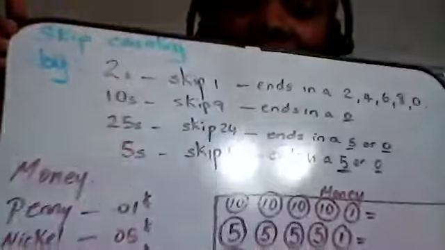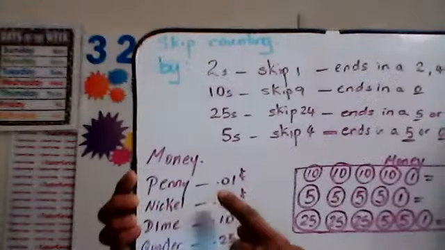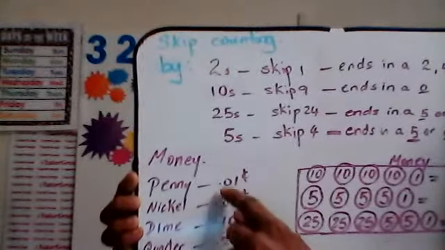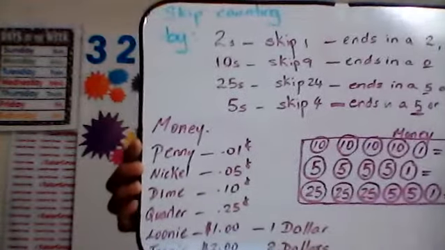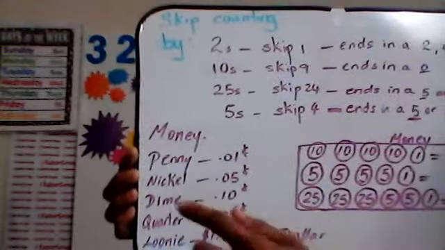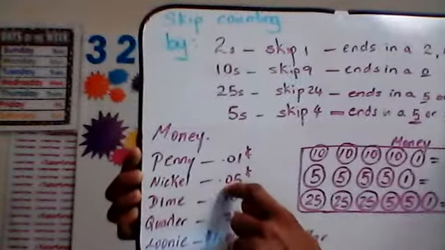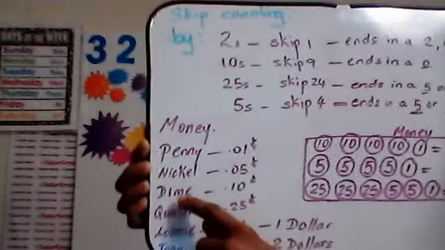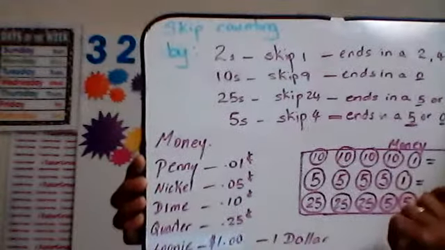All right. So we're going to look at some money here. I hope you can see my little chart. So a penny is 1 cent, and it's written as 0.01. And we're talking about Canadian money. For those of you in the United States or in other countries, you can amend this as you see fit. A nickel is 5 cents, and it's written as 0.05. A dime is 0.10 or 10 cents.